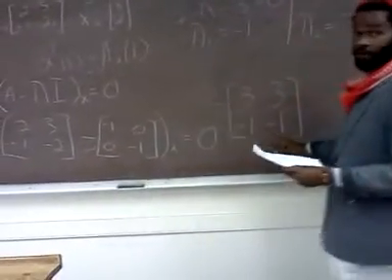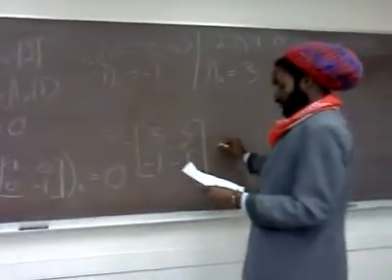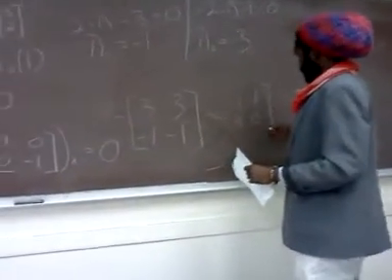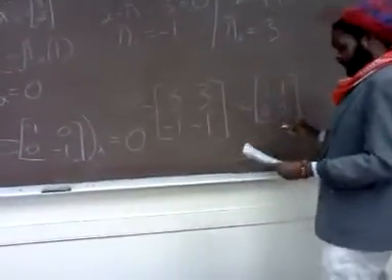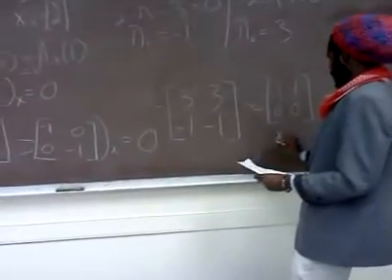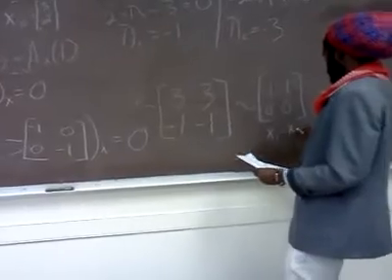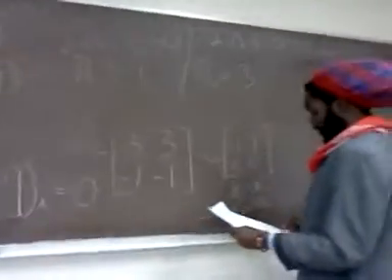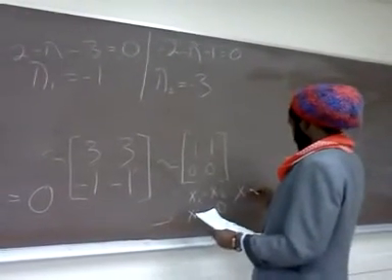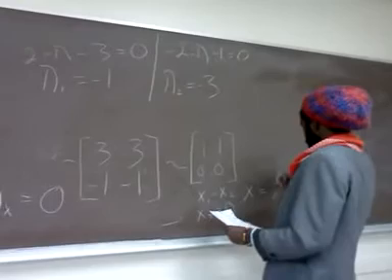Once we get this matrix, we'll reduce it and achieve a matrix of 1, 0, 1, 0. So then we just need to solve for x. So x1 equals x2 and x2 equals 0, giving us our first eigenvector of 1, 0.